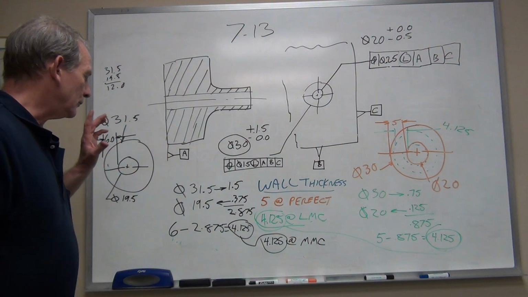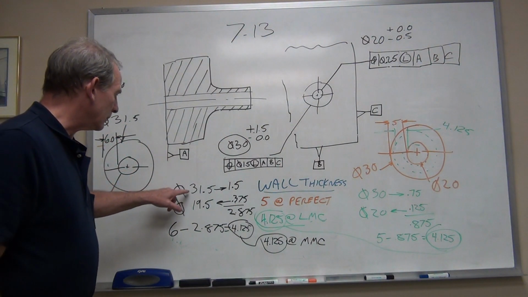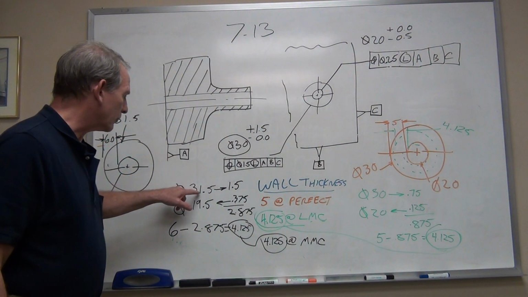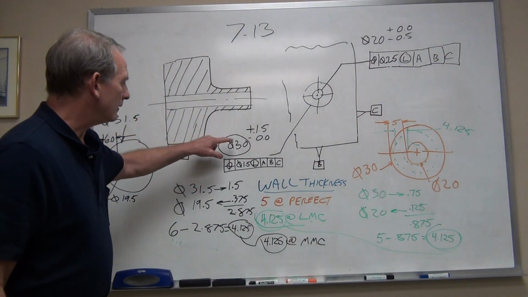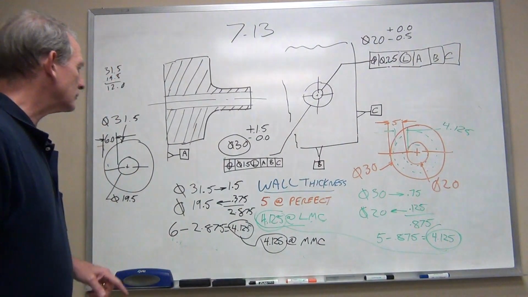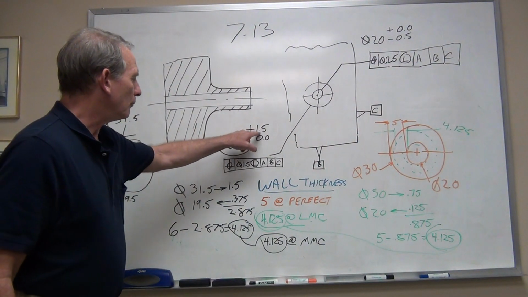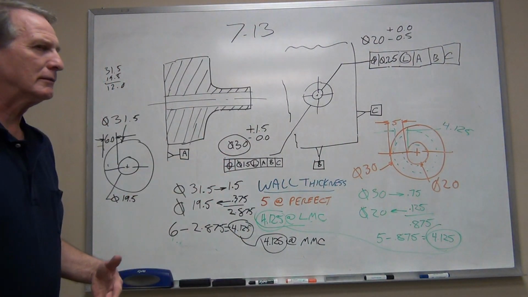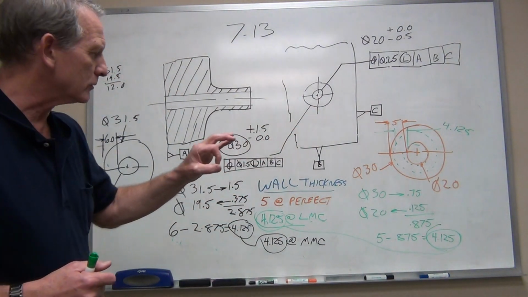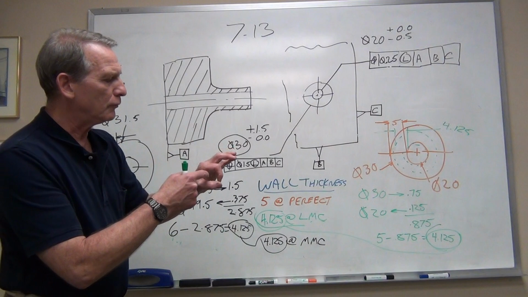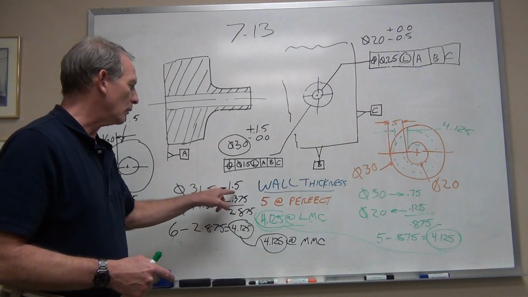All right, so let's do that math here. At diameter 31.5, if we add the change in size to the tolerance, that 1.5 millimeters adds to that. So that's a 3 millimeter diametral tolerance. That means the hole can move the radius, which is 1.5.